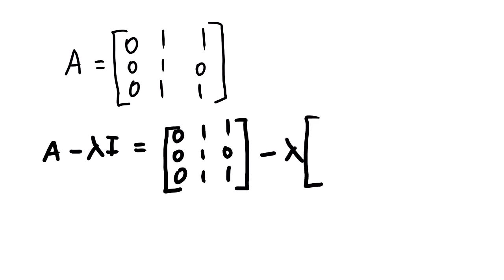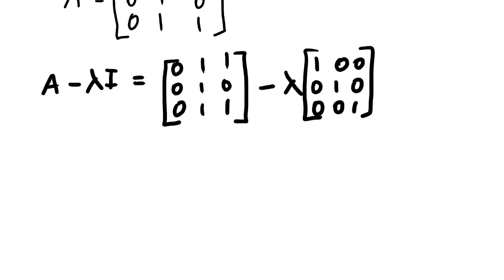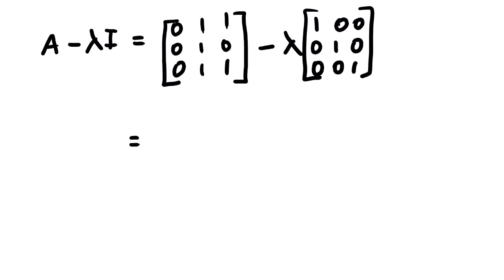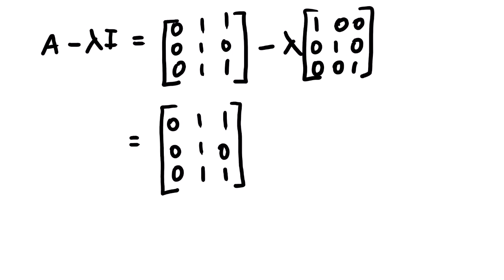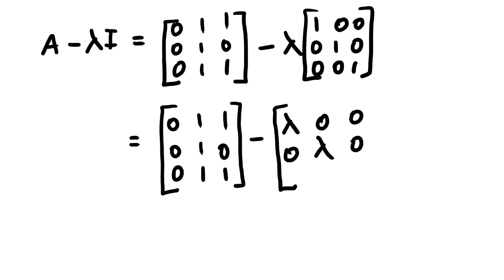Our identity matrix is 1 0 0, 0 1 0, 0 0 1. Actually, let us multiply this. So we have lambda 0 0, 0 lambda 0, 0 0 lambda.